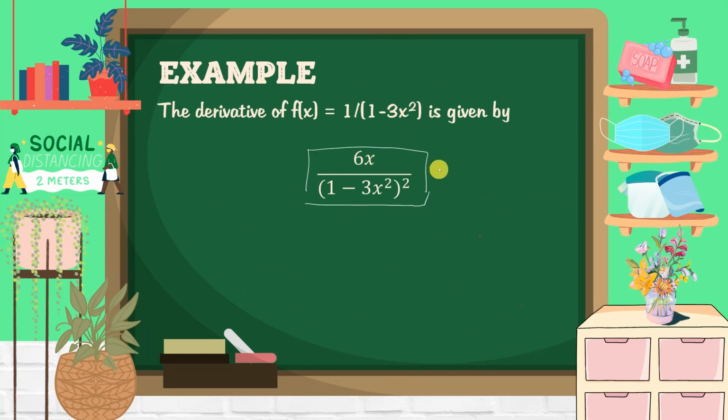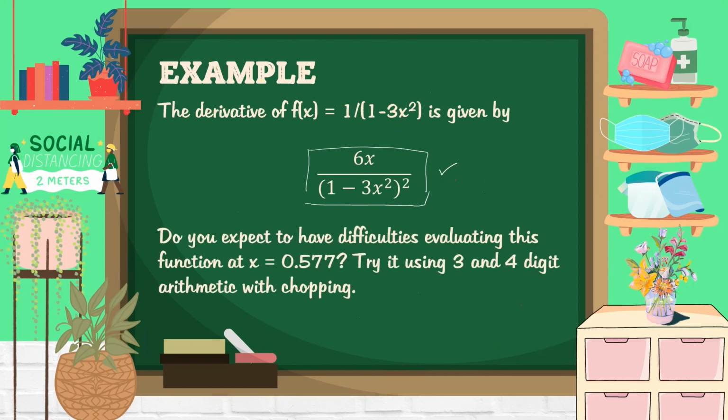After calculating the first derivative of the function, do you expect to have difficulties evaluating this function at x equals 0.577? So, try using 3 and 4-digit arithmetic with chopping. So, magkakaroon tayo dito ng calculation ng ROE or yung ating round off error.